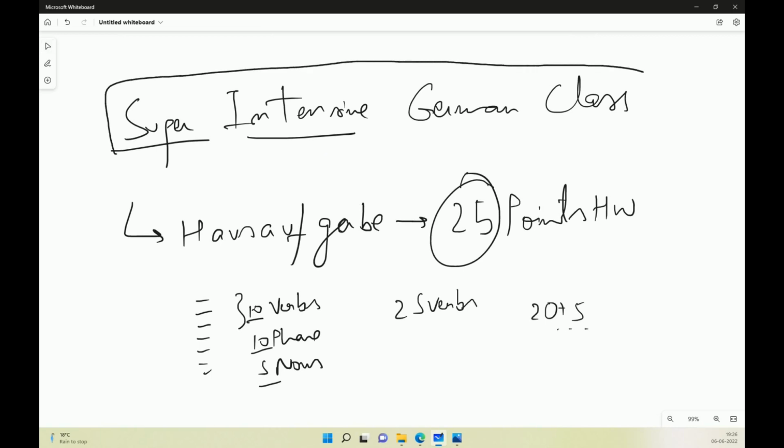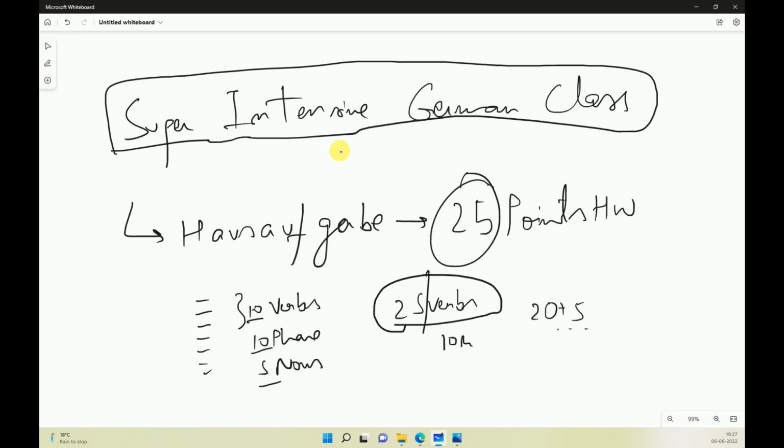Just to give you an additional small amount of pressure, I'll be revising this homework in the next class. So if I give you 25 verbs to learn, in the next class we will devote some 10 minutes only to this homework, because there must be a clear follow-up for whatever Aufgabe or homework I give you.